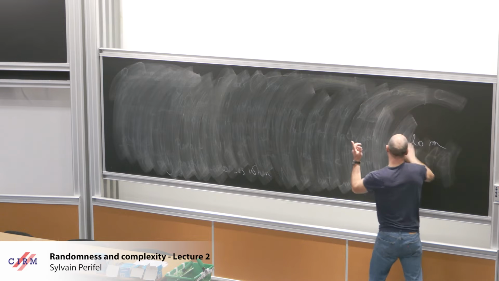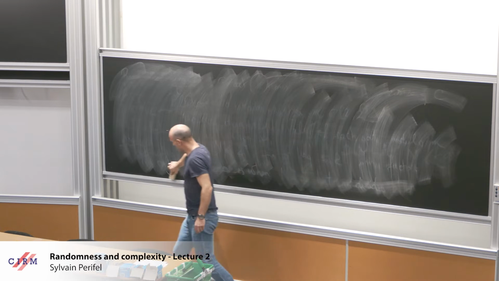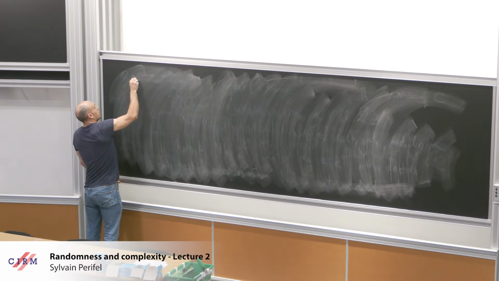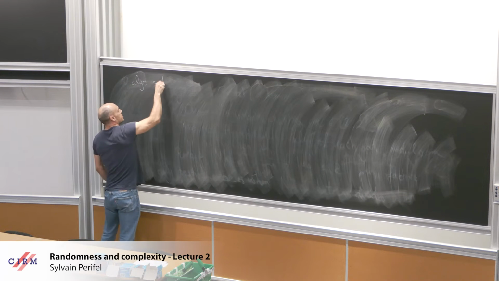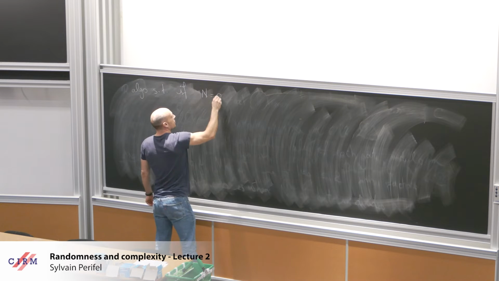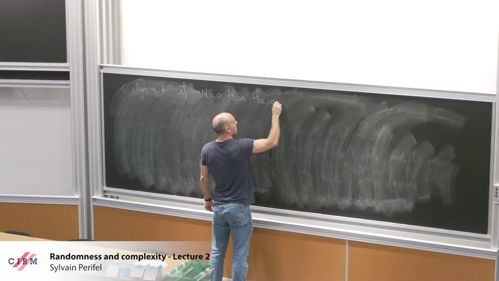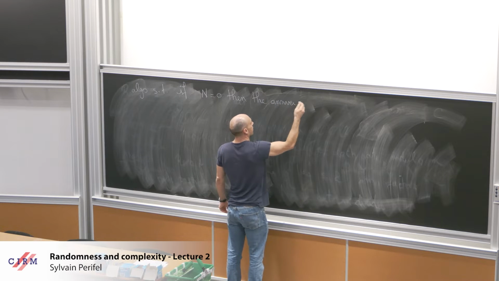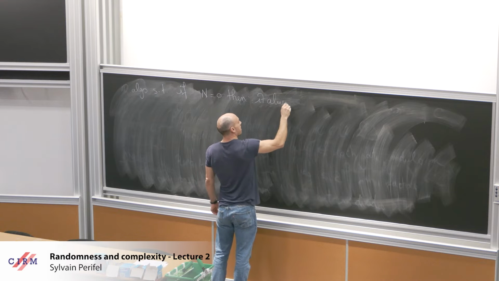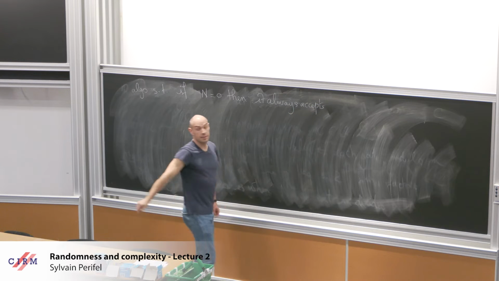So let me recap what we've done here. We've got an algorithm that says that if n is 0, then it always accepts. There is no mistake in that case.